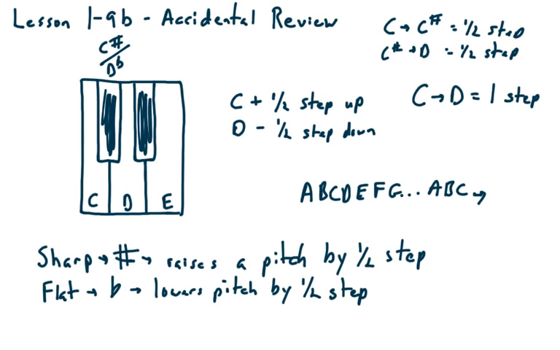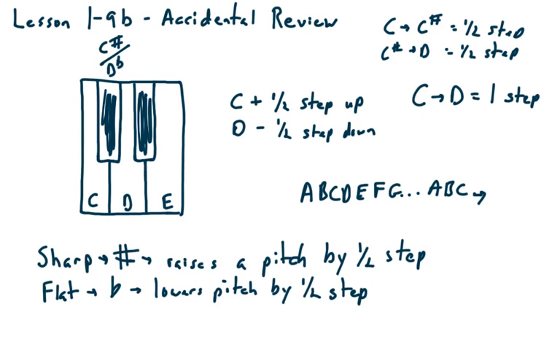What's a half step? 50 cents plus 50 cents is a dollar. 0.5 plus 0.5 is 1. C to D is a whole step. Okay? Those are terms you need to remember, half steps and whole steps. It's okay if you don't understand them now, but you need to remember the terms because you're going to hear them a lot, and the more you see it, the more you'll remember it.